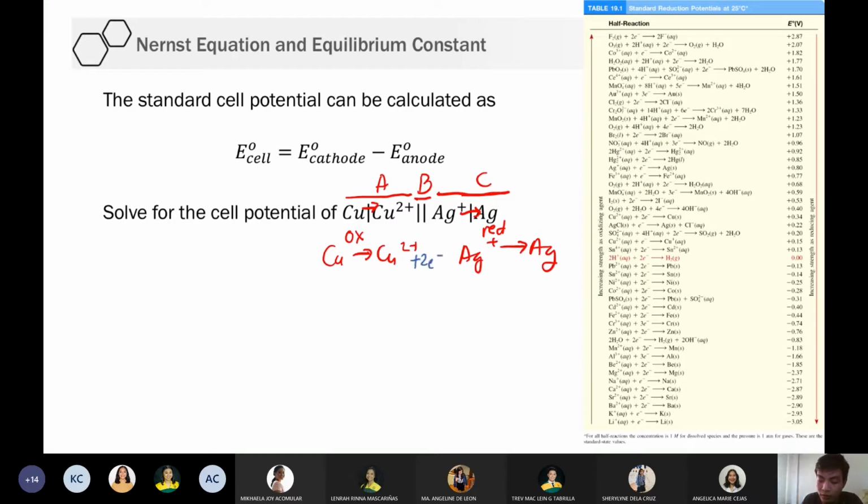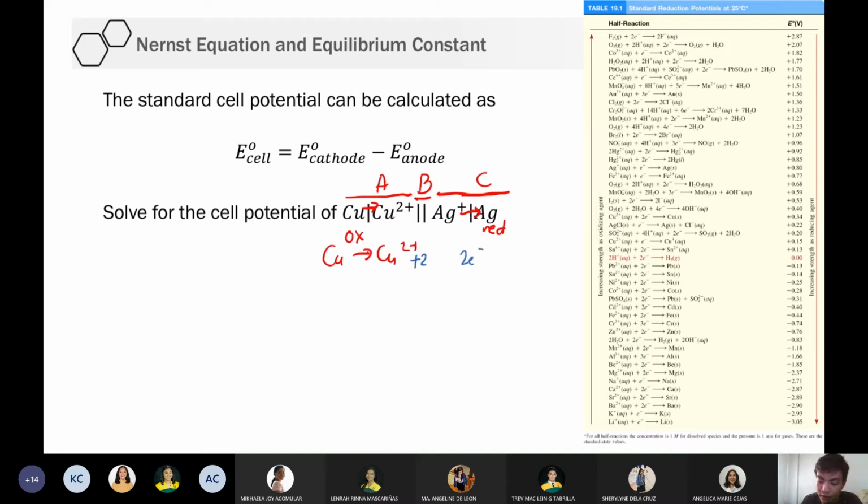You add 2 electrons plus electron. If your electrons are not equal, then you have to get their least common multiple. Okay. Kailangan kasi pantay yung dami ng electrons. Okay. So the least common multiple of 2 and 1 is 2. Okay. So that means I have to multiply this equation by 2.